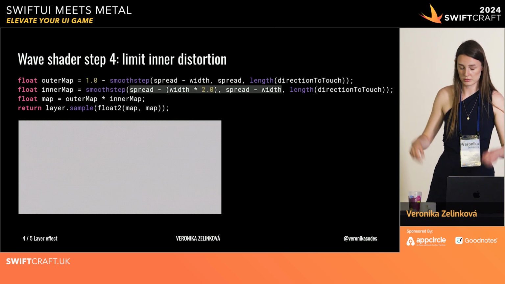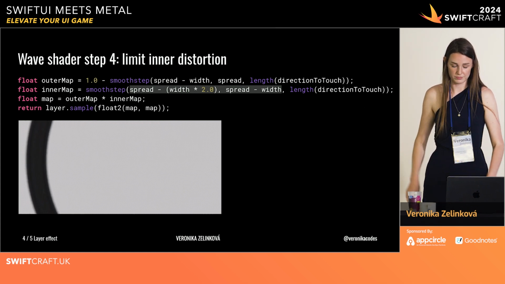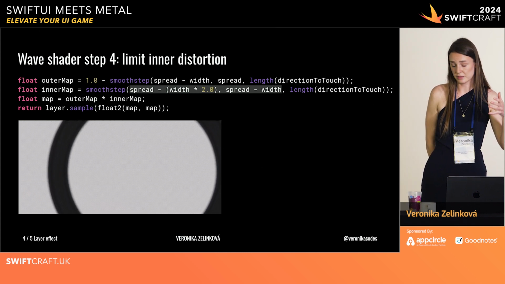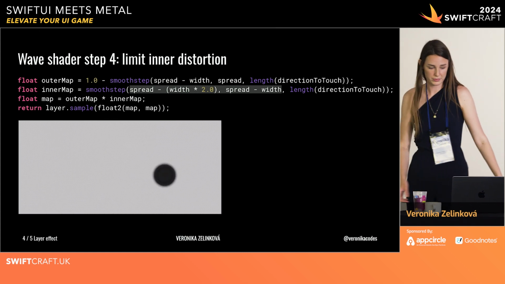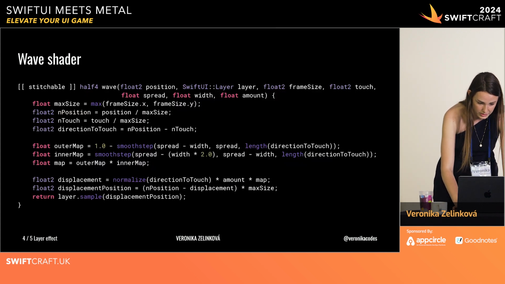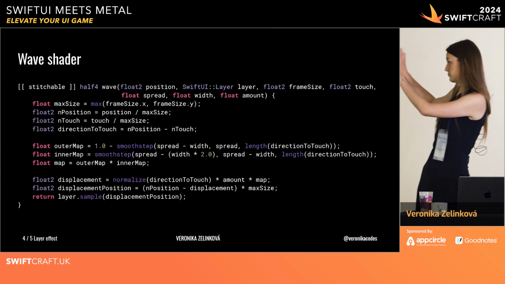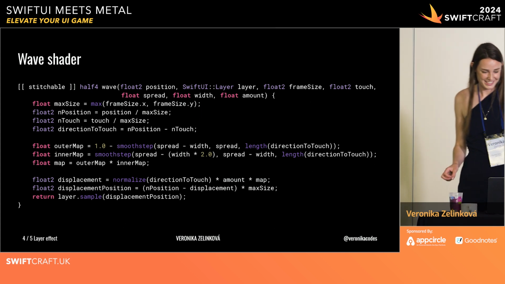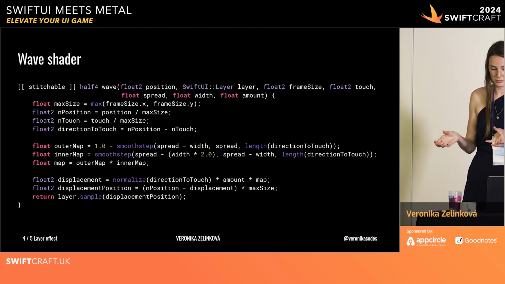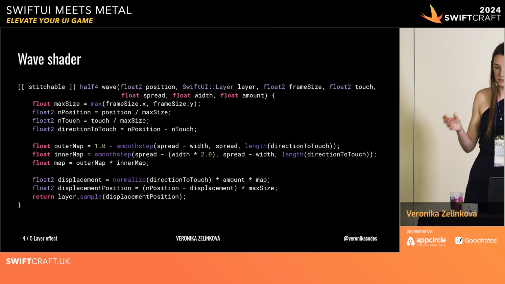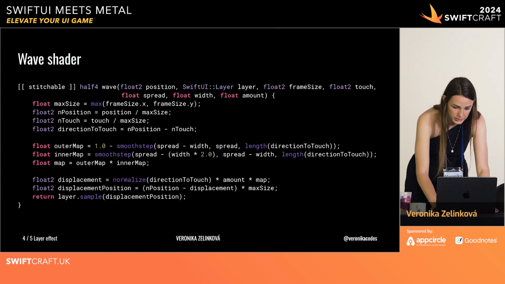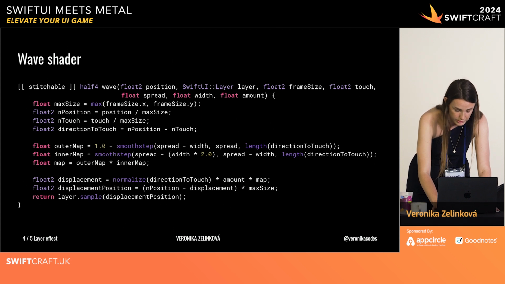And if we multiply the inner and outer map, we will get this donut shape, which, if we see the whole code, if we draw out the distortions just in the places where the donut shape was, where we had the black pixels, it will create the final animation.